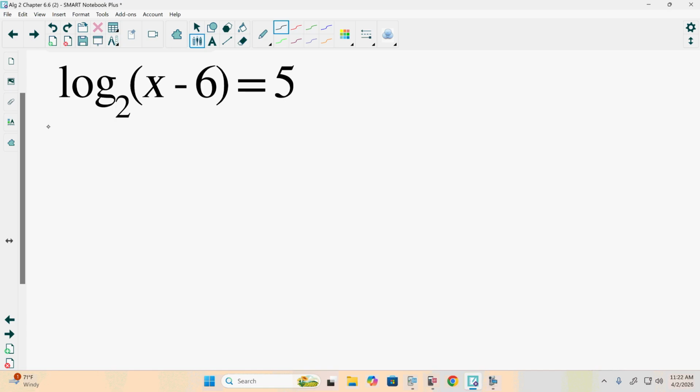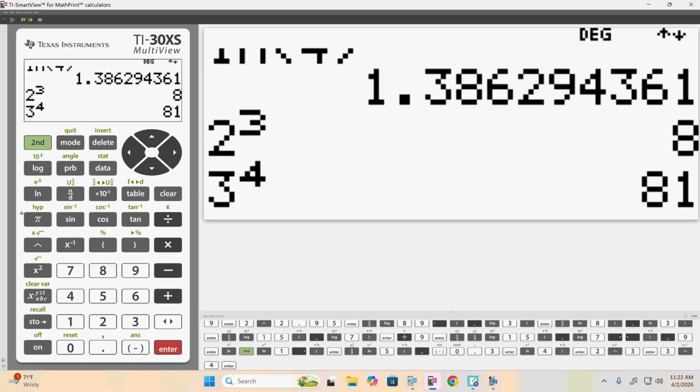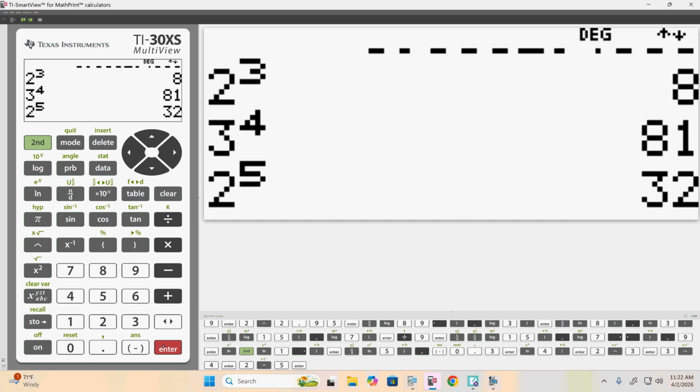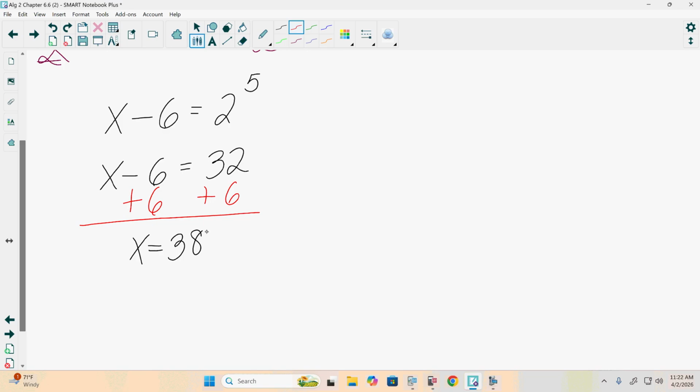To get that simplified out, we're going to put both sides to the base of 2, because our 2 and log base 2 are going to simplify, cancel out, leaving us with x minus 6 is equal to 2 to the 5th. And if I remember right, 2 to the 5th is 32. So we're saying that x minus 6 is equal to 32. We're going to add 6 to both sides, telling us that x is equal to 38.